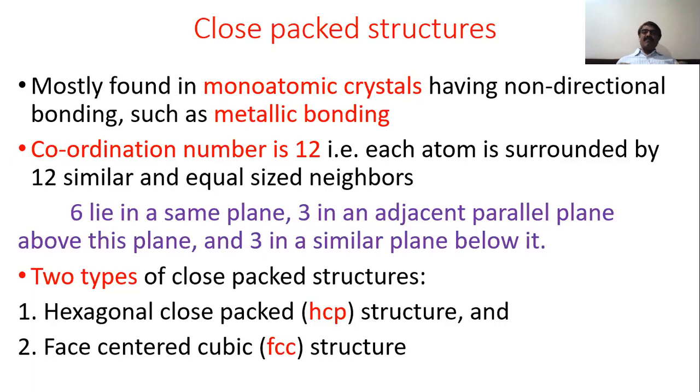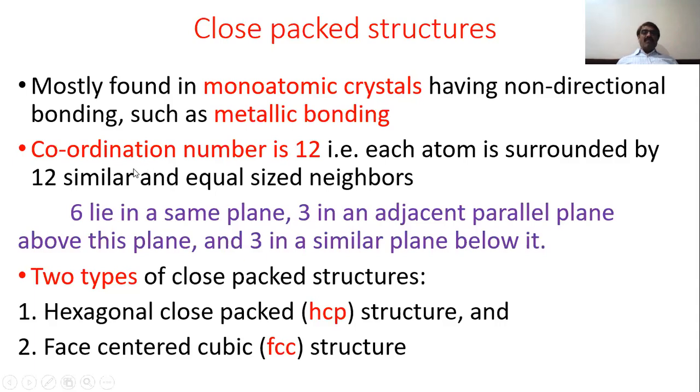The best example of non-directional bonding is metallic bonding. Metallic bonding appears in metals, and examples of metals you are familiar with: copper, silver, gold, iron, etc. So close packed structures are the characteristic of monoatomic crystals possessing metallic bonding. That means close packed structures are the metals.